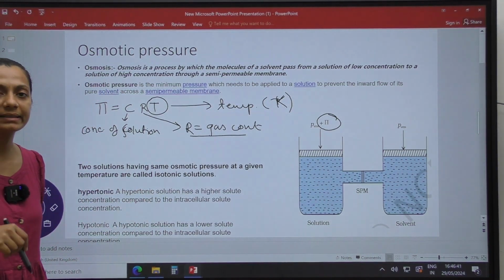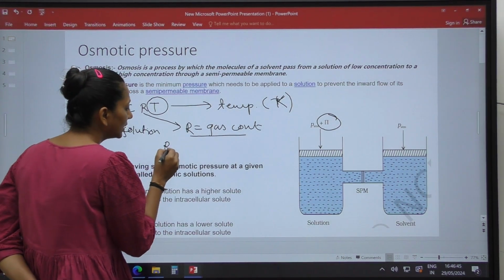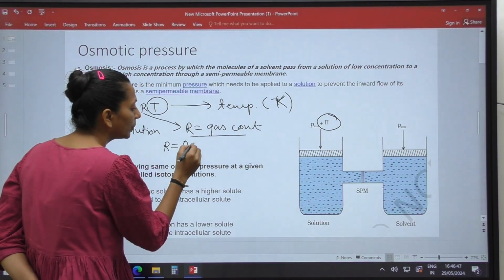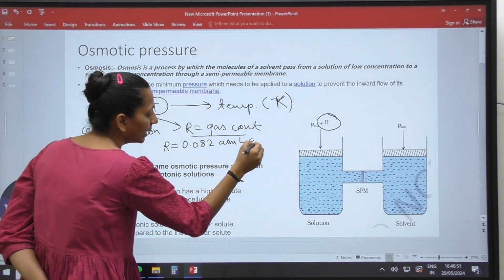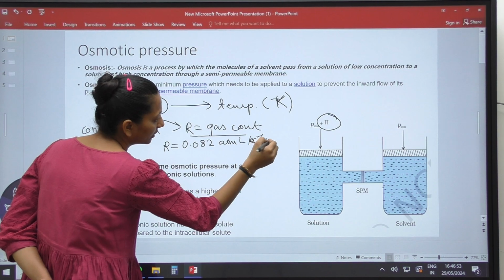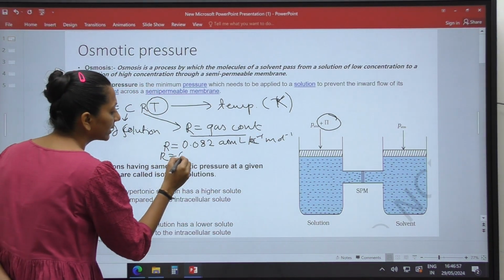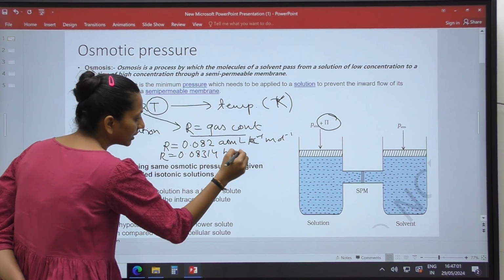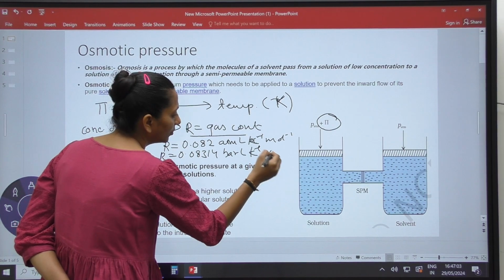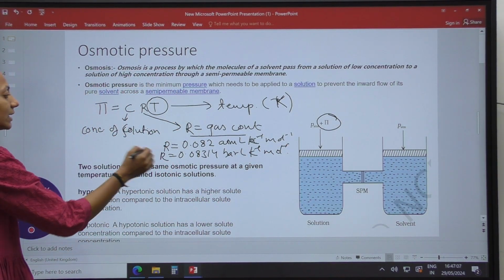If we are taking it in atm, then R is in the form of atm, and we will use 0.082 atm liter Kelvin inverse mole inverse. If the same value is in bar, we will take 0.08314 bar liter Kelvin inverse mole inverse. So these are the gas constants.